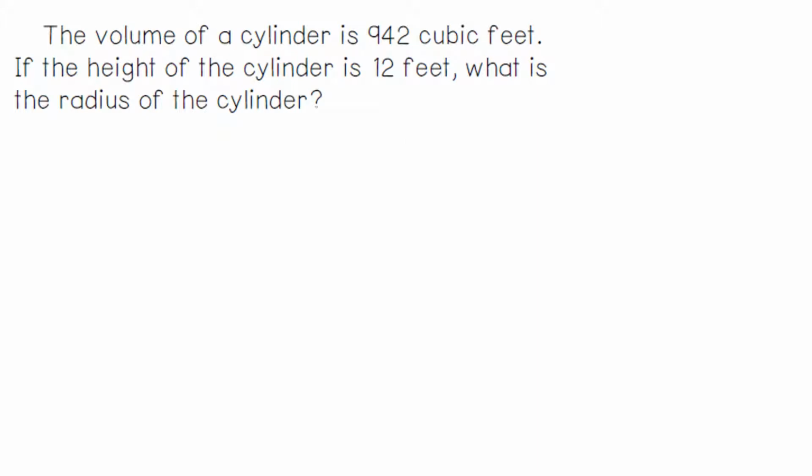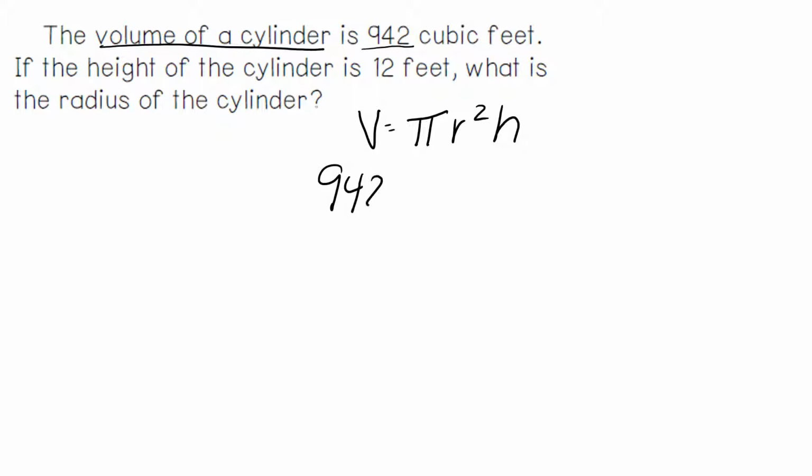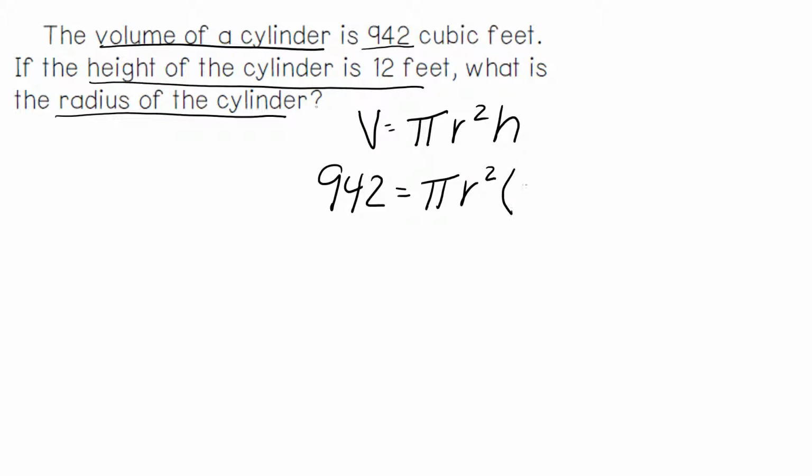For this problem, it tells us that it's the volume of a cylinder, so we know that we're going to use our formula, V equals pi r squared h. This time it gives us the volume of 942, so that's our V value. It is asking us to find the radius. We do not know what that radius value is, but it does tell us that the height is 12 feet.